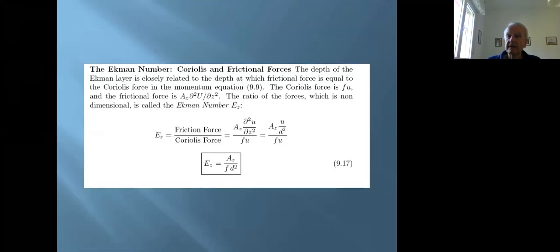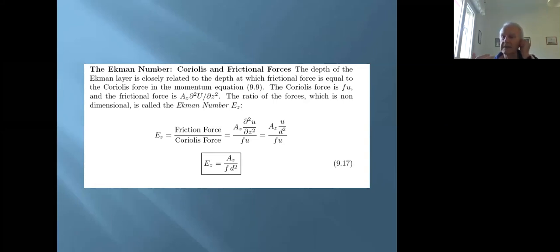We have one important non-dimensional number, which gives us the possibility to estimate whether and to what extent we can assume that the equations of motion can be reduced to the Ekman type of equations.